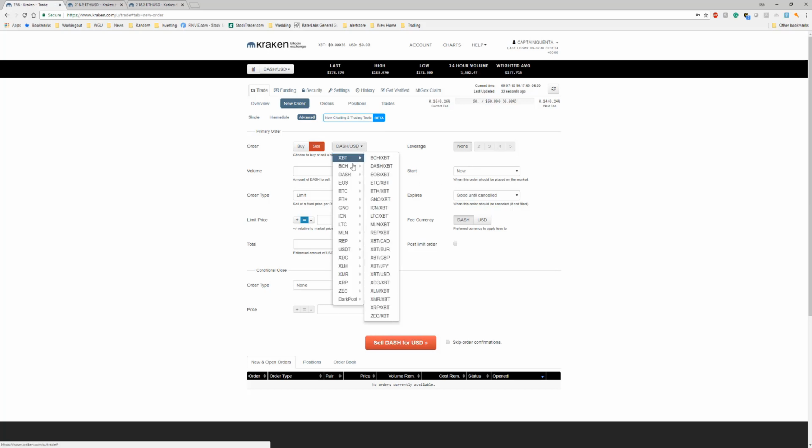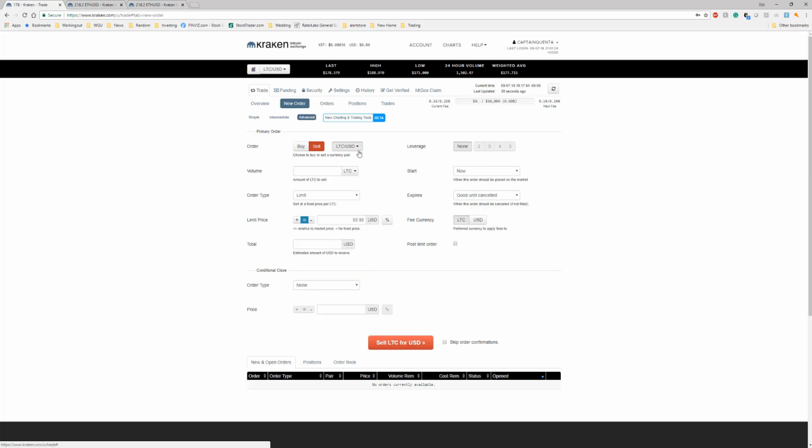They only have 5x leverage on Ethereum and Bitcoin, and that is about it there, unless they have done it for Ethereum Classic, 2 times leverage on Ethereum Classic. Some pairs have 2x leverage, but the only ones that have 5x leverage are Bitcoin and Ethereum.